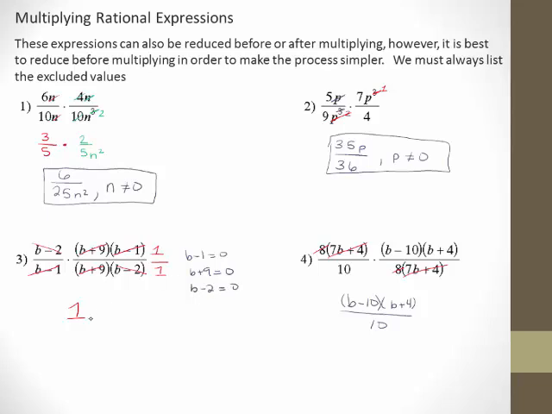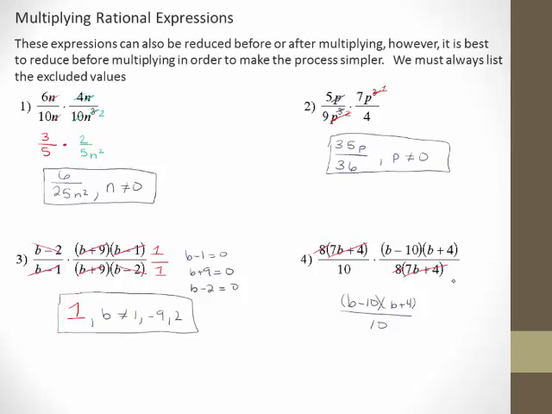So b cannot equal 1, negative 9, or positive 2. And now, since there's no b's left, it maybe seems pointless to list this, but you just need to get into the practice of always listing them because it'll become important when we're solving equations.